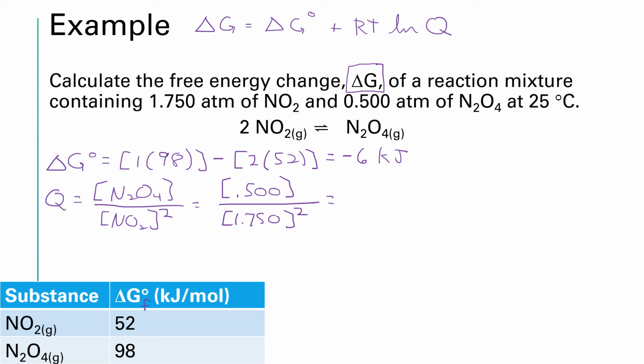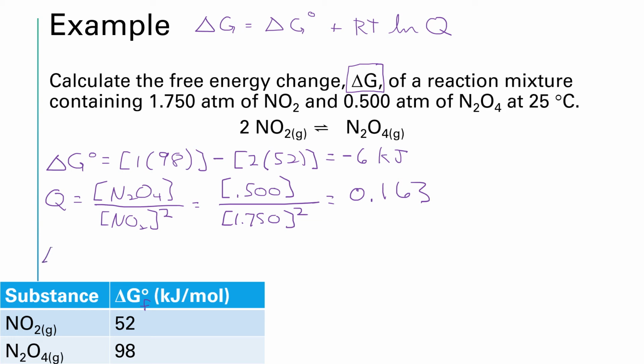So 0.5 divided by 1.75 squared gives us a value of 0.163 for Q.